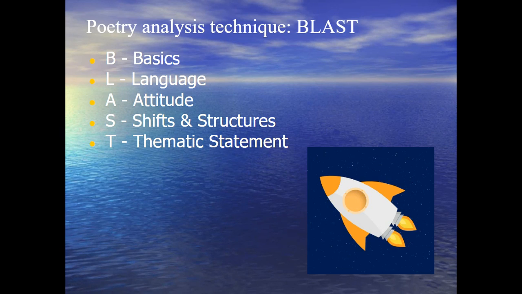We're going to use a poetry analysis technique that I really like, and it's called BLAST. It's an acronym, with B as in basic. For basics, you're just looking at the poem and going through and doing a little summary or paraphrase of what's really happening in this part of the poem. How you do your basics is going to depend on the poem.